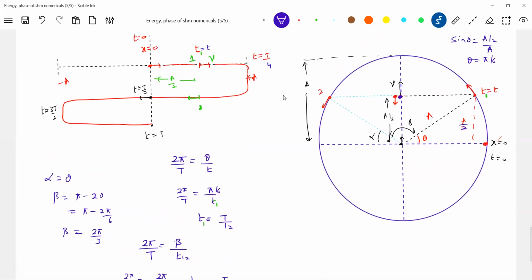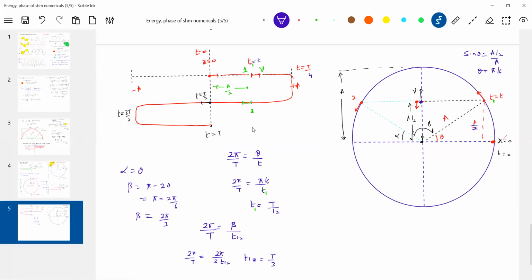Very, very simple. You know the circle, you know trigonometry, the concept is over. Time taken to move from the mean to plus a by 2 is T by 12. Time taken to move from 1 to 2 is T by 3.